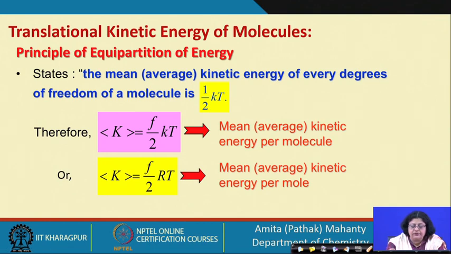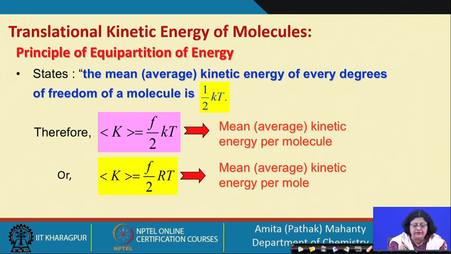So, what we are establishing is, I was trying to write down what the kB was. This is the kB, the Boltzmann constant. Boltzmann constant is nothing but R by Avogadro number.